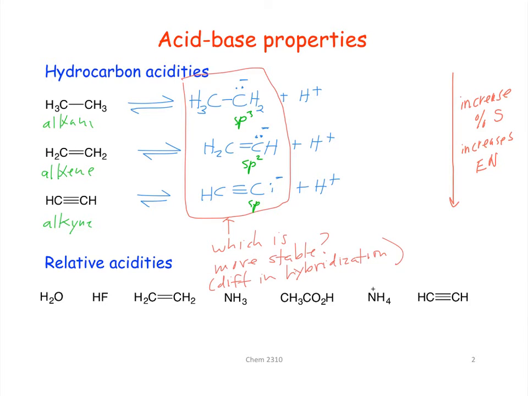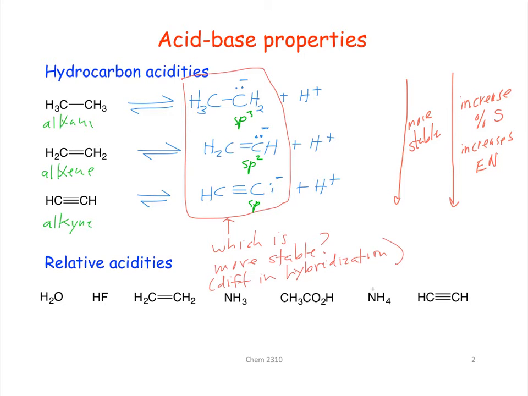Since these are all anions, is an anion going to be more stable with a more or a less electronegative atom? We know that it'll be more stable with a more electronegative atom. So if we follow this, these anions should be more stable as we go down.